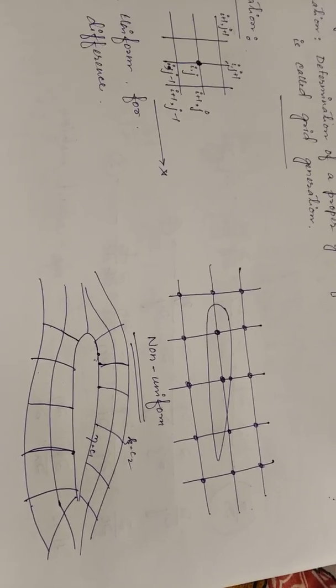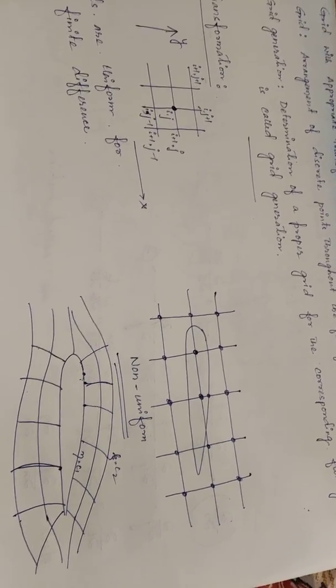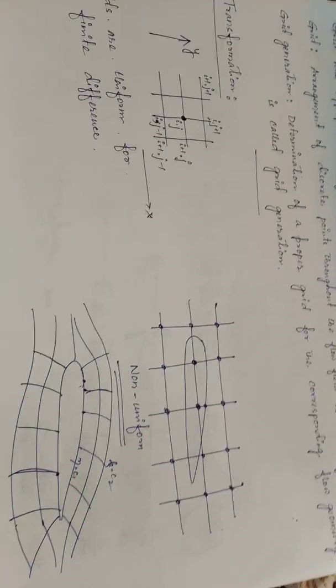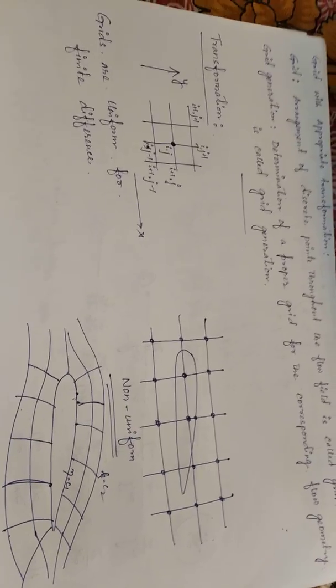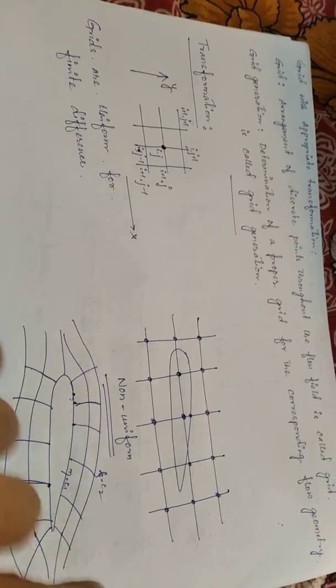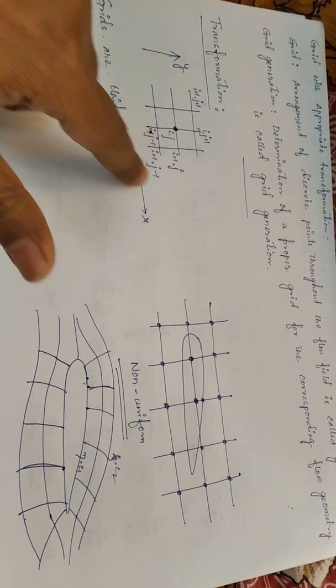For a non-uniform grid, you cannot use this technique. So we have to use some transformation between the two original variables x and y and the new variables xi and eta, so that the non-uniform grid of the physical space is converted to a uniform grid of the computational space. This is the main objective behind the transformation. Again I am repeating, here we get a non-uniform grid, and for it you cannot use finite differences because they are based on a uniform grid.